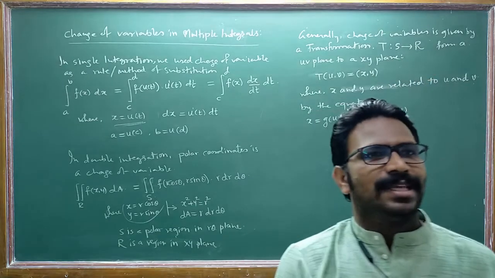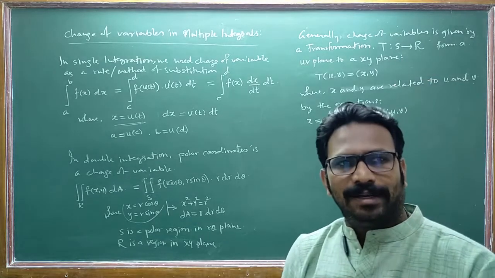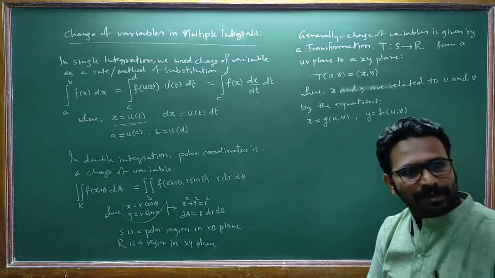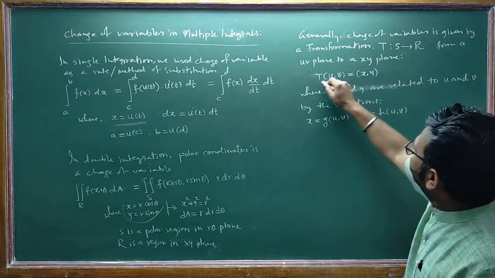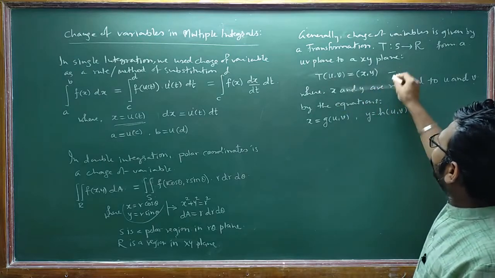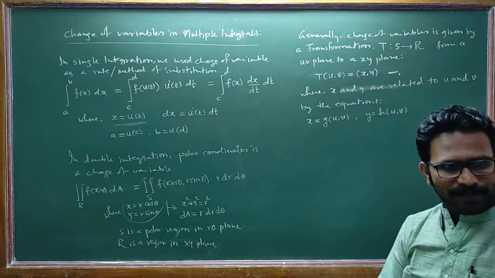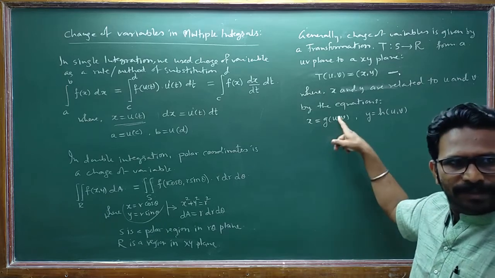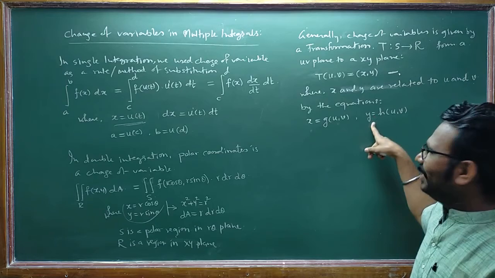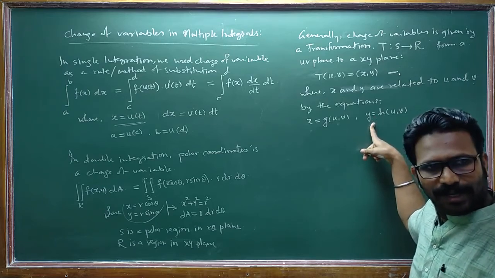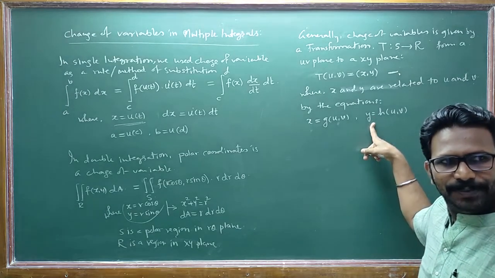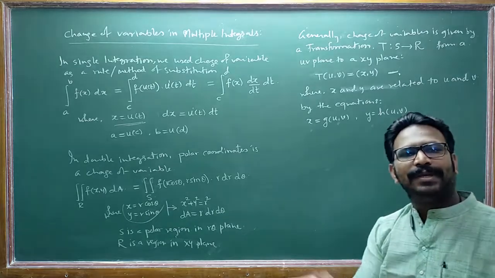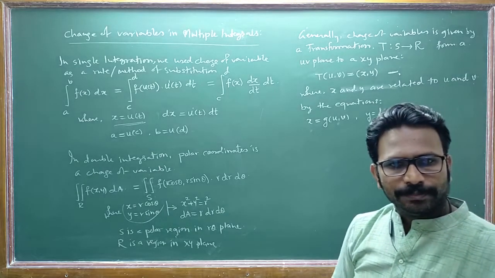That means it converts a region S to region R under the transformation, under the map, under the function defined this way. T of (u, v) is equal to (x, y), where x is represented by this g of (u, v), y is represented by this h of (u, v). This is the relation between the variables xy and the variables uv.